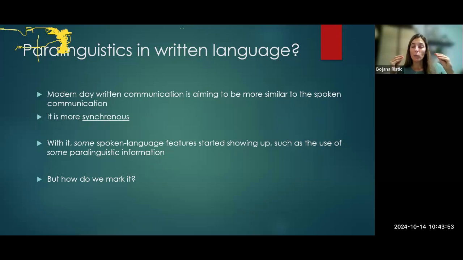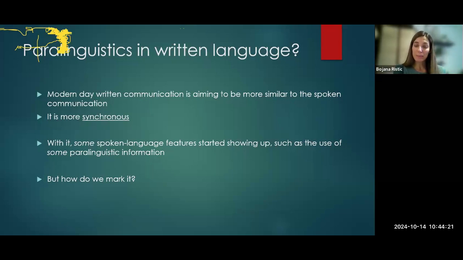And it's becoming more synchronous, right? What that means is that when we are chatting, it's happening so fast, using written language to communicate, or messages, WhatsApp, different kinds of applications, that it's becoming to look more like spoken communication on this aspect of synchronicity, right?